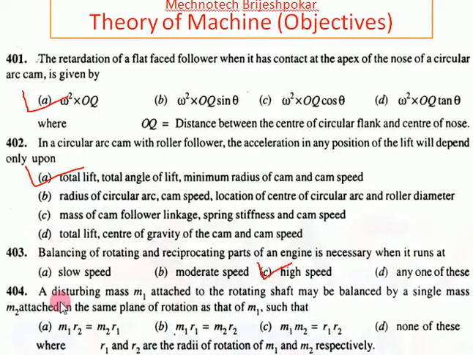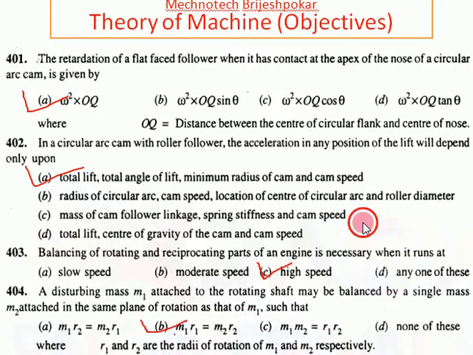Right, now 404, the disturbing mass M1 attached to the rotating shaft may be balanced by a single mass M2 attached in the same plane of rotation as the mass M1, such that M1 R1 is equal to M2 R2.